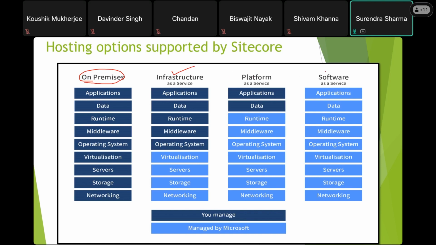And Sitecore is now also available as software as a service, as a SaaS platform, by using XM Cloud. So it depends on where your client wants it. Let's suppose you want to go with software as a service, but your client is a government organization and they don't want to publish their data outside of their country, and within that country you don't have any services.